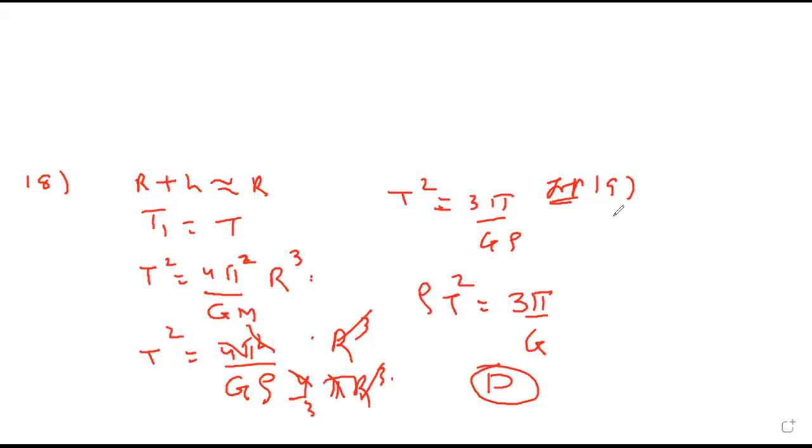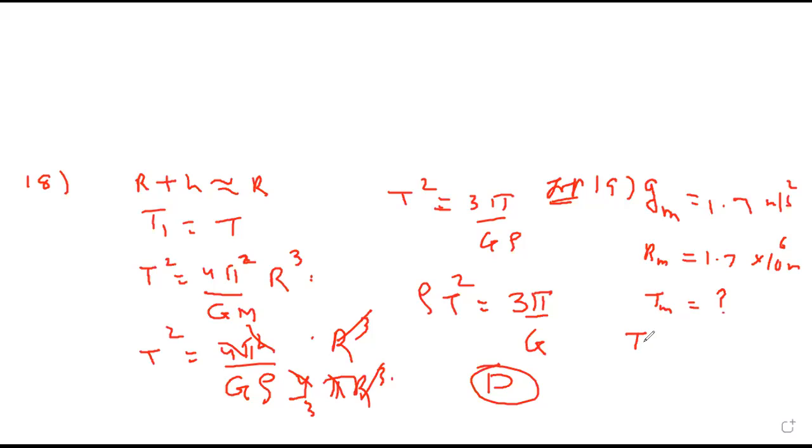Next one, gravitational acceleration on the surface of the moon. So g not on earth but on the moon is 1.7 meter per second square. The radius of the moon is 1.7 into 10 raised to 6 meter. The period of a satellite in a circular orbit of the moon is nearly how much?